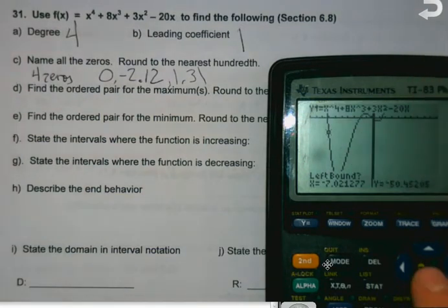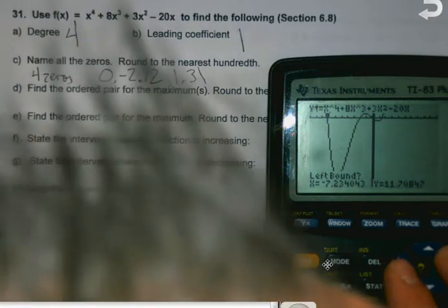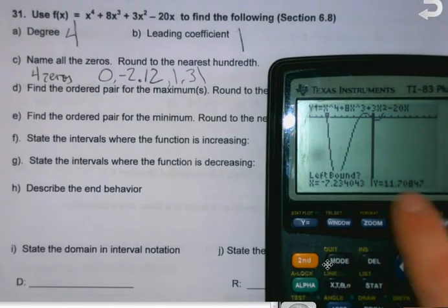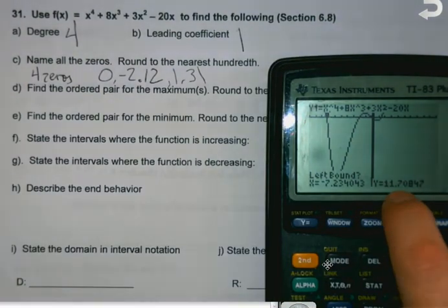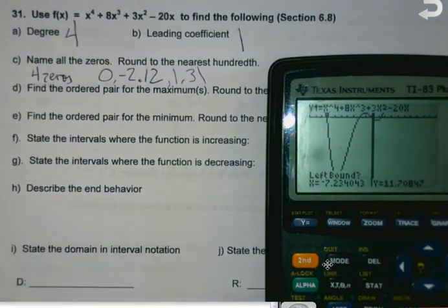Since this is decreasing, if I hit left one more time here, I'm like, is that above? Yes, it actually is, because the y value is at 11. So I can hit enter here. Then I hit it once and I'm below. I'm trapping it at that point.